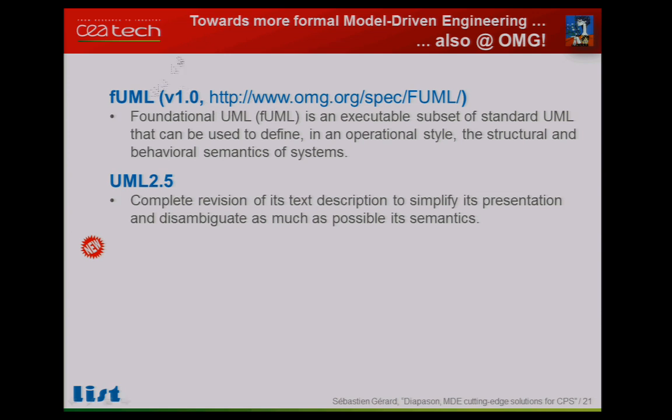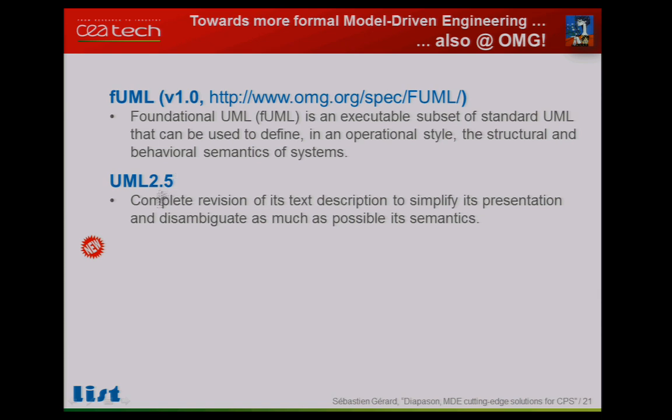There is a standard called fUML, Foundational UML, which is a subset of UML, mainly focused on class diagrams and activities. Conceptually, it's like Java, I would say. You have all these concepts, and there is a mathematical foundation behind that part of UML.